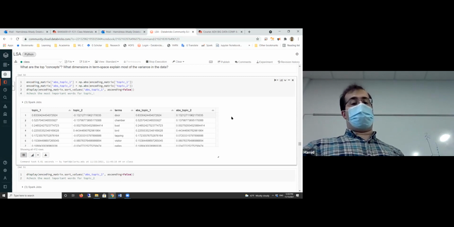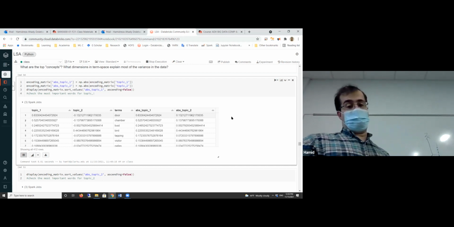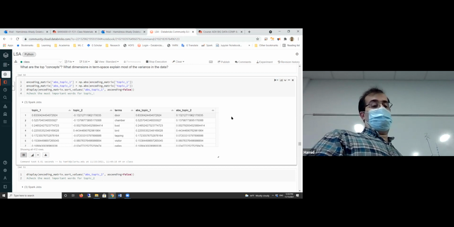Look at here. I basically got rid of the sentence column. Sorry, here I just focus on the dictionary, and I take the absolute value of each topic. Here, topics are basically my dimensions. First, I'm sorting based on the absolute value of topic 1.